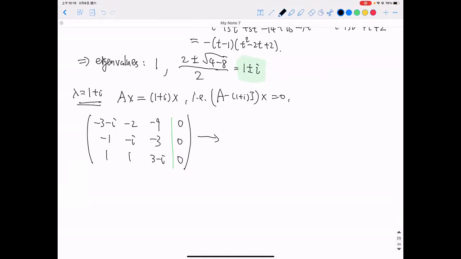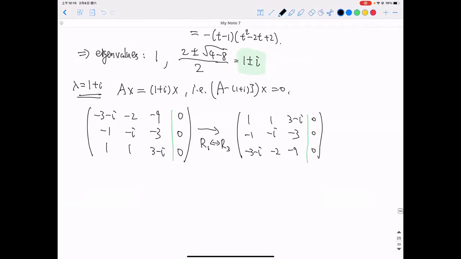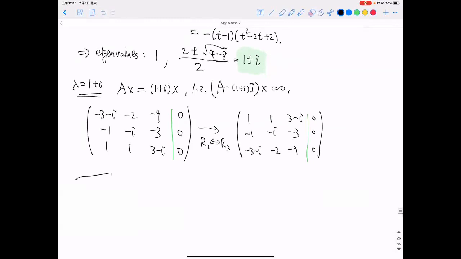It seems the easiest if we just switch the first with the third. Yeah, let's try that. So that becomes 1, 1, 3 minus i, minus 1 minus i, minus 3 minus i, minus 2, minus 9. Okay, and then we can proceed in a familiar fashion.